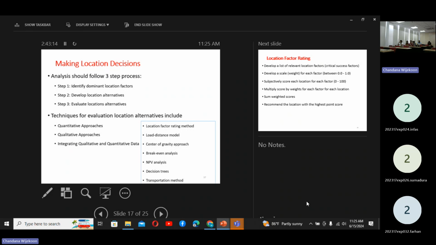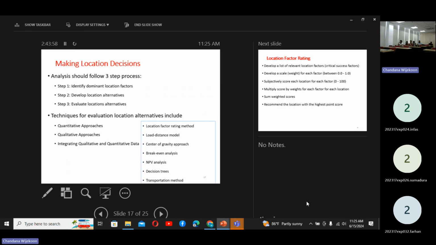And that is step number 3. We call it selecting out of the alternatives. And that is how decisions can be made in a rational way. For that, there are different decision-making tools often used by decision makers to evaluate locations. There are quantitative techniques, and in addition to that, there are qualitative techniques also.